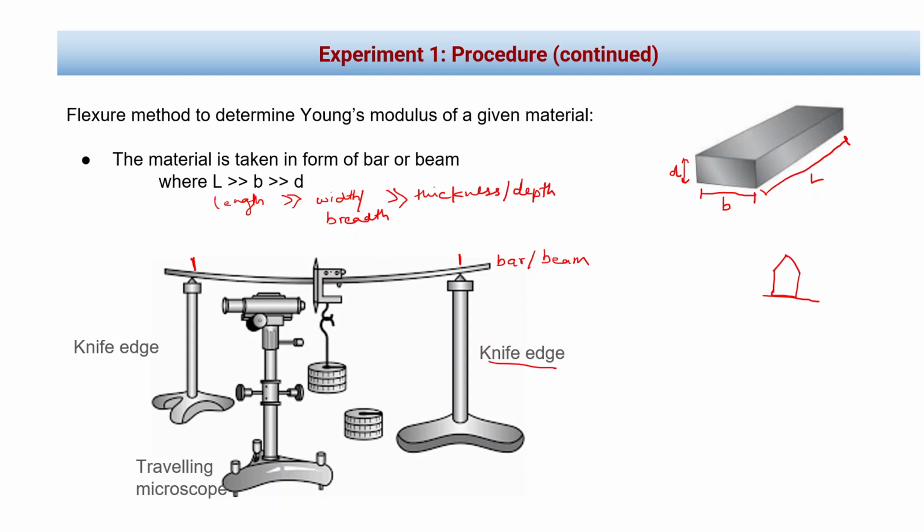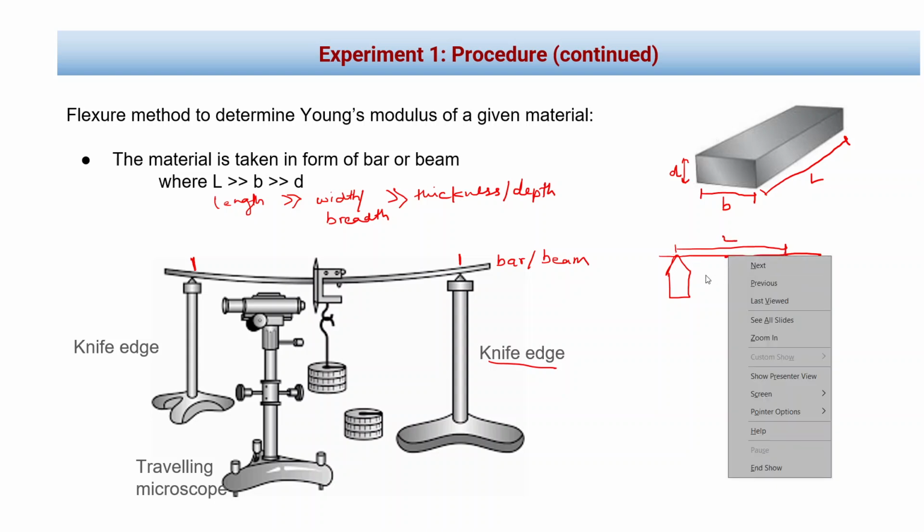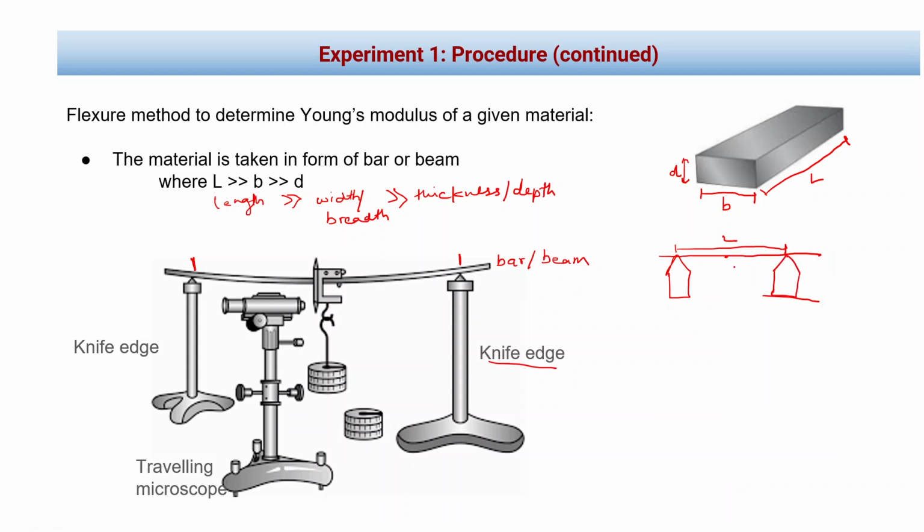Now at the center of the bar, we start putting the weight. Initially it will be flat, right? We'll keep the bar on the two sharp knife edges, and this will be the length L, and at the center of this bar we'll start hanging different weights.